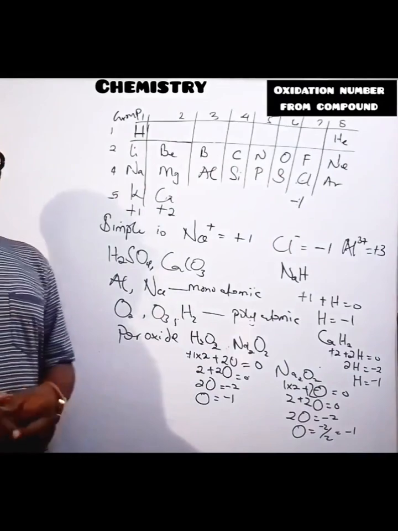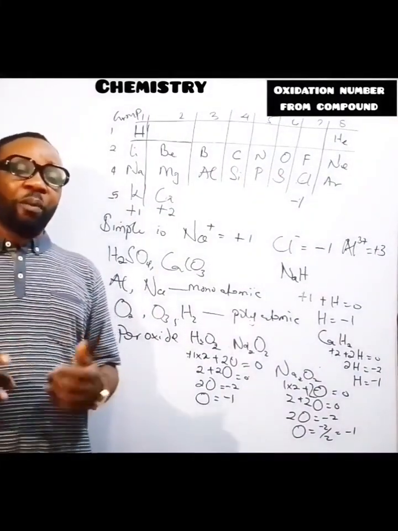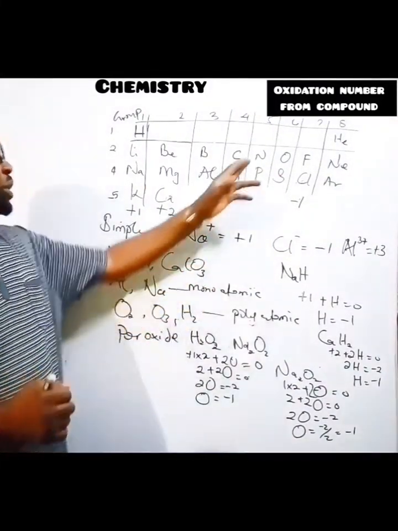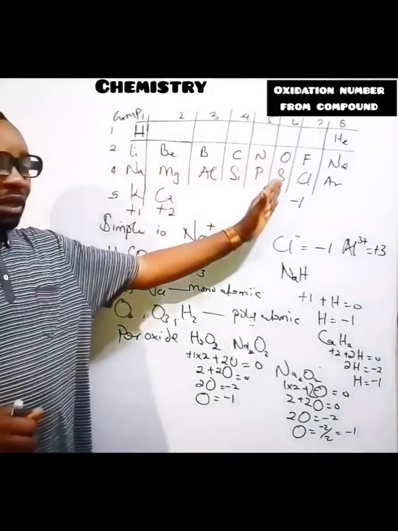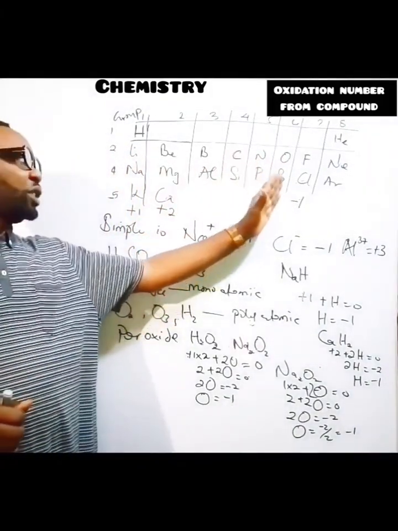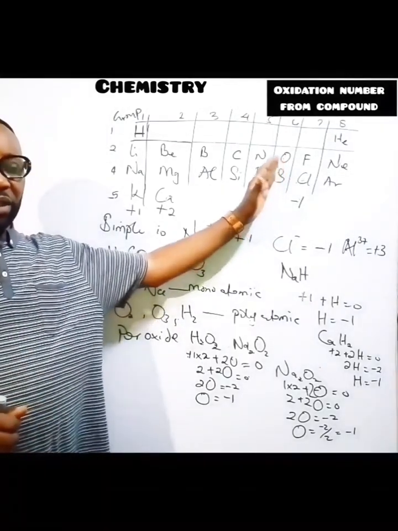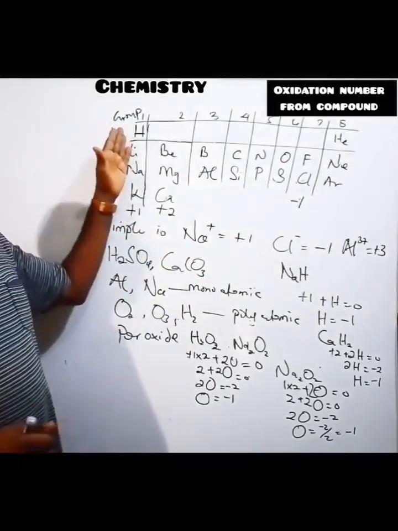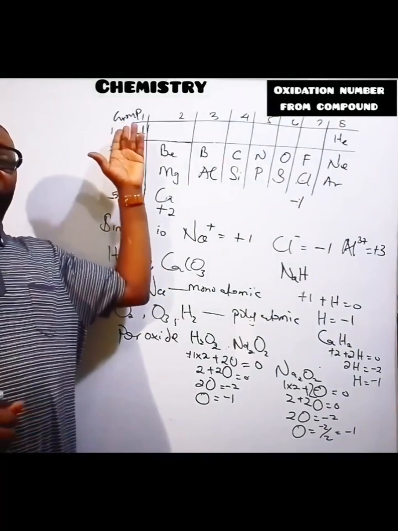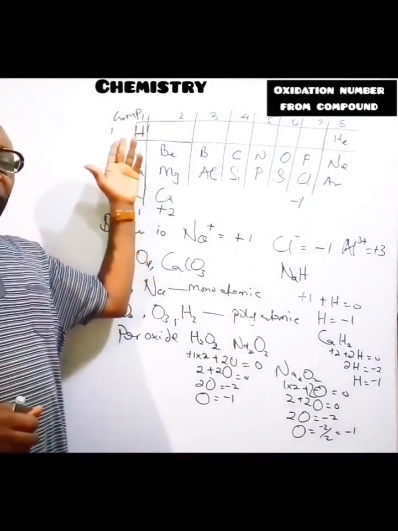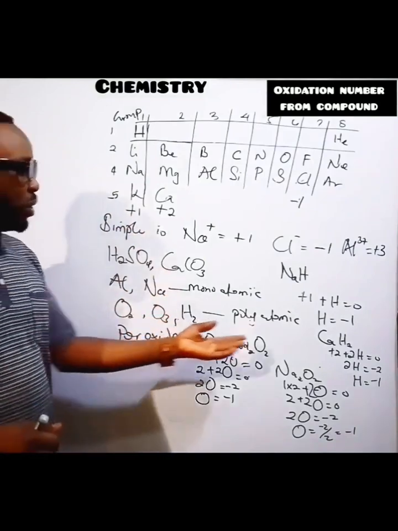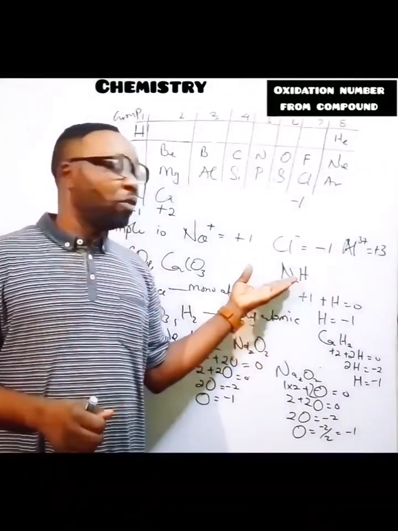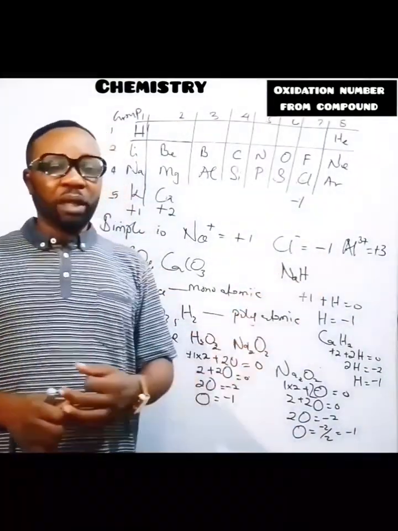Now, two important things I've been able to bring out here: the oxidation number of oxygen in its compound state, as well as the oxidation number of oxygen in its peroxide. Also, I've been able to bring out the oxidation number of hydrogen in its compound state, and the oxidation number of hydrogen when it is combined with a metal atom.